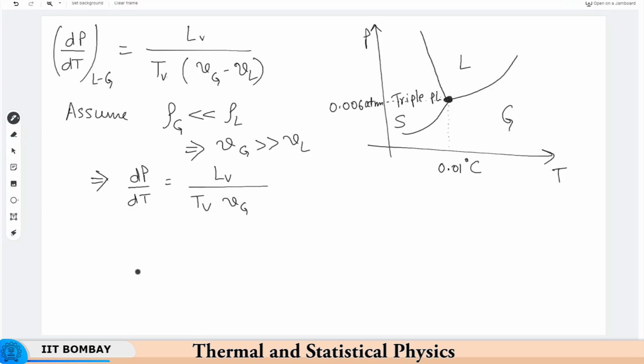And we are going to make another assumption: also assume that H2O vapors, the steam, behave as an ideal gas.